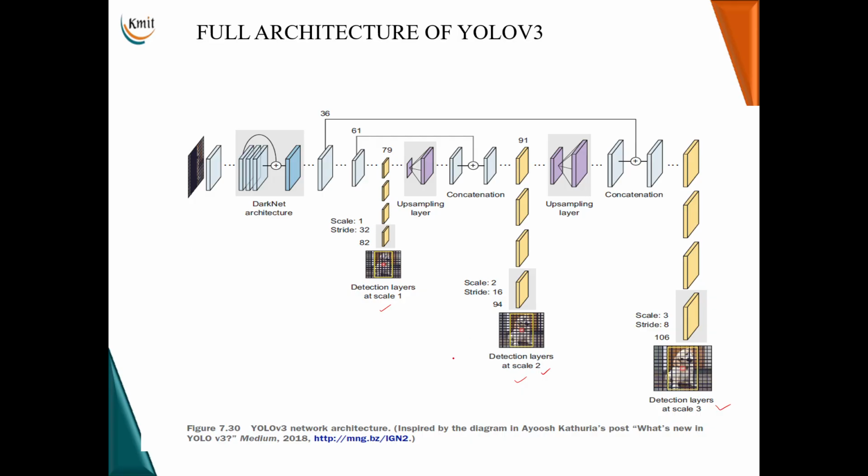This is the full architecture of YOLO version 3, and you are using upsampling and downsampling also. Upsampling is used to increase the resolution, and concatenate will concatenate all the feature maps that are being generated.